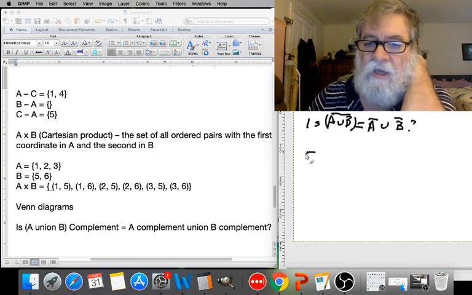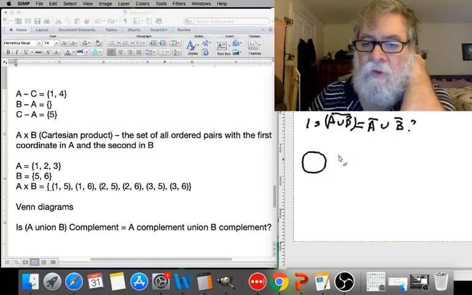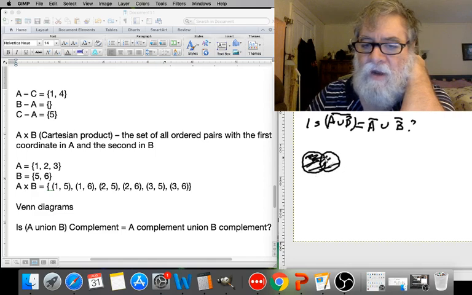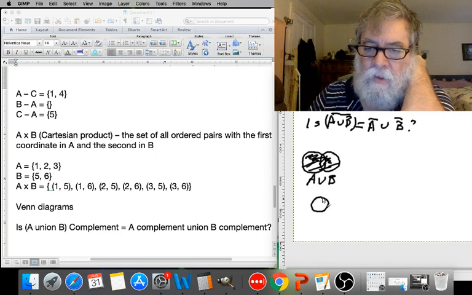A union B looks like this. That entire set, that's A union B. So A union B complement is everything outside of that.